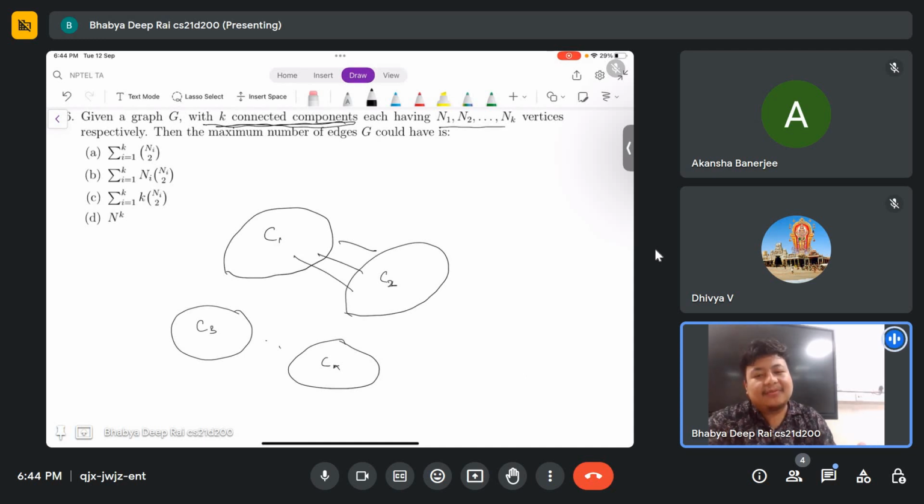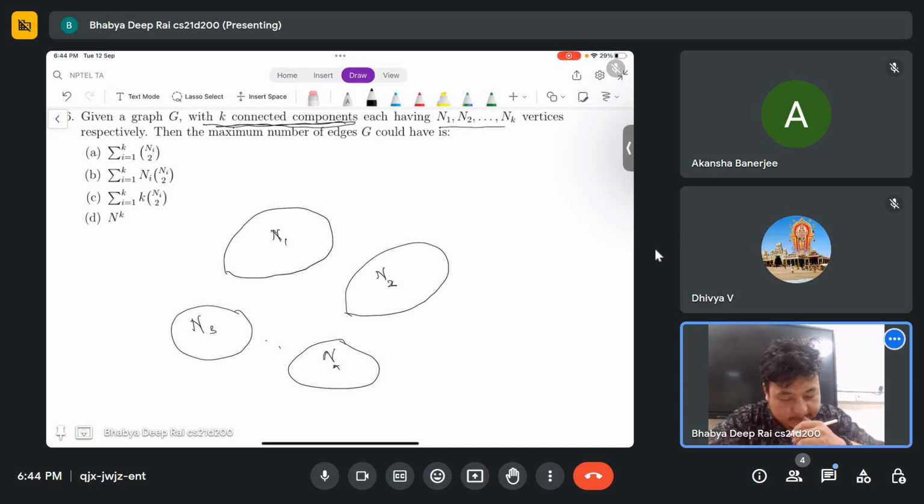This is what connected components means. But they may have edges within themselves. So what do we know about the number of vertices? This one has n1 vertices, this one has n2 vertices, n3, and nk vertices.